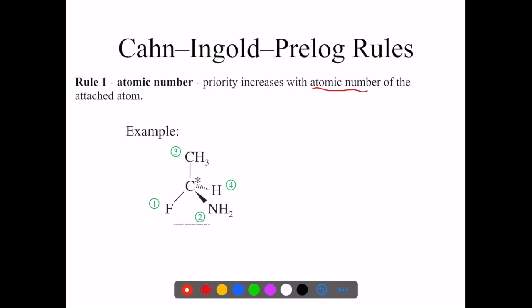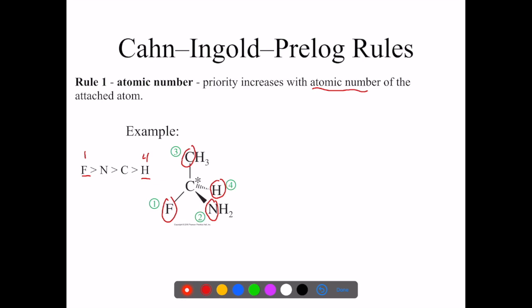And so we have these four groups: fluorine, hydrogen, carbon, and nitrogen. And by atomic number, of course, hydrogen will be the low priority. The highest atomic number is fluorine, and then we go from fluorine to nitrogen to carbon.